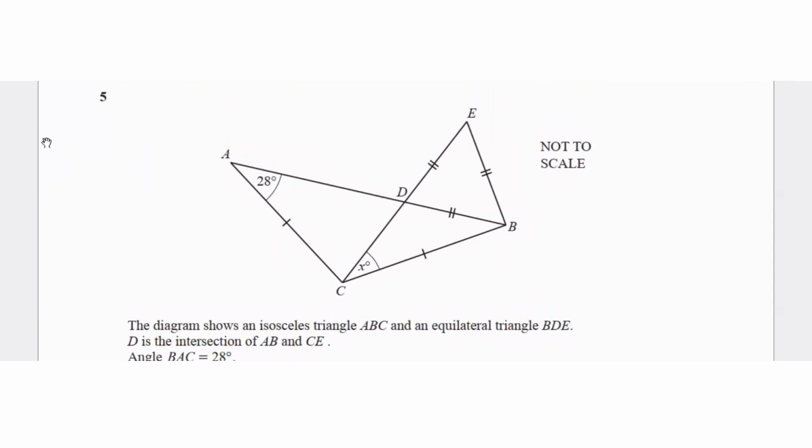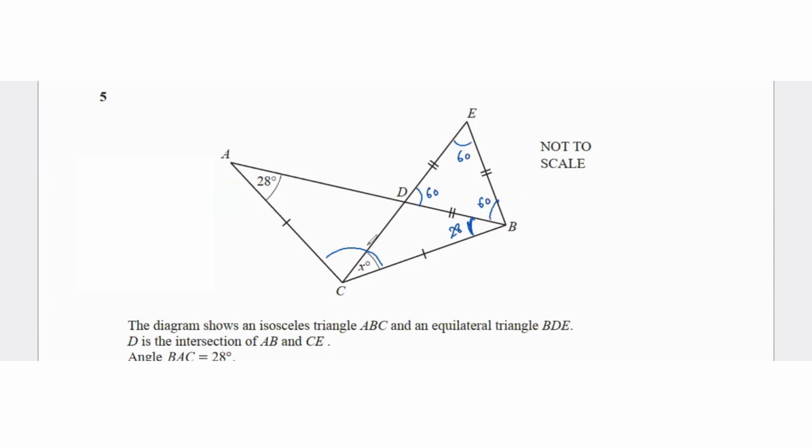So ABC is an isosceles triangle, so that means this angle would be 28 as well. We know this is an equilateral triangle, so that means this is 60, this is 60, and this is 60.